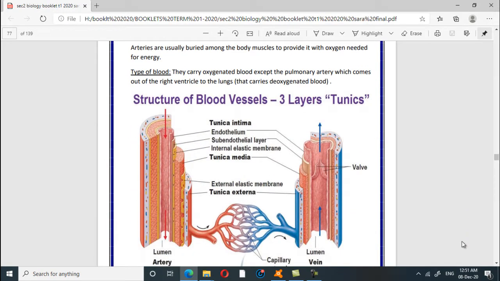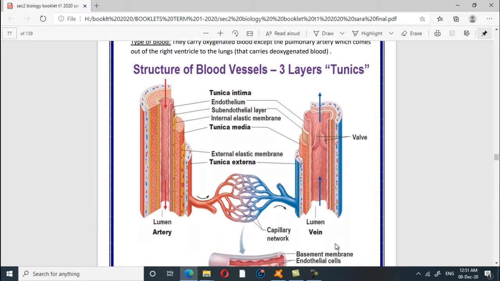Here is the comparison between the arteries and veins. The blood capillaries connect between them. Here is the structure of the artery, as we see. The passage of the blood is very narrow, while inside the vein it's very wide. The middle layer, which is elastic, is thick in the artery, while in the vein it is thin.